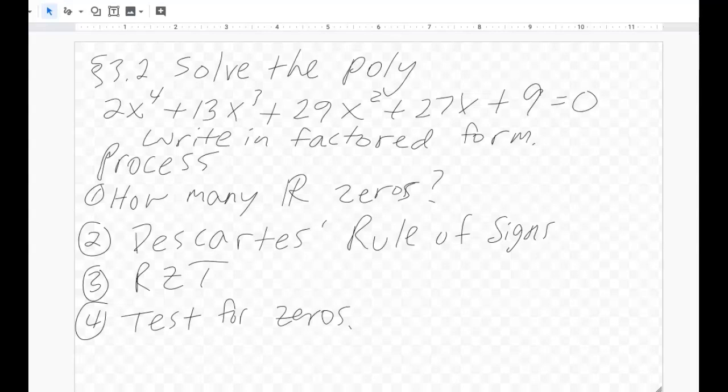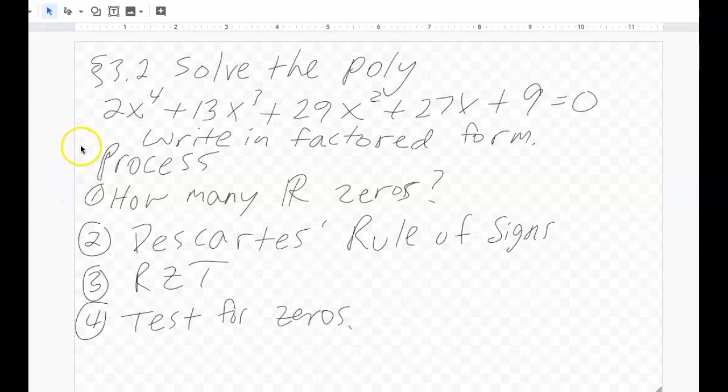I'm just using this as something else you can do to help narrow down the rational zeros theorem process, to eliminate some of the potential zeros. You can get in the habit of doing it in your head and not necessarily writing everything out. We'll then do the rational zeros theorem, and then we'll test for our zeros. And once we get our zeros, we can write it in factored form.